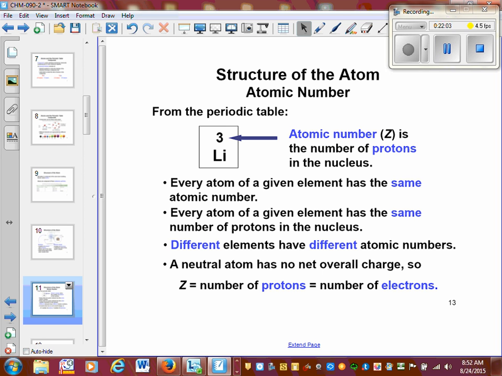So if you look at the periodic table, you see hydrogen is 1, helium is 2, lithium is 3, beryllium is 4, all the way up to, in this case, 116. That tells you how many protons. That defines the element. You change the number of protons, you change the element.